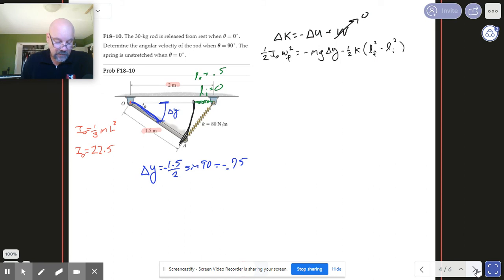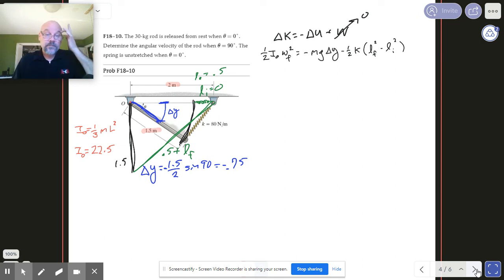So we need the point at which the rod is straight down is here. So that's 1.5. And what we need for our spring then is this length right here. So that whole length right there is the hypotenuse, is going to be equal to its resting length, which we know is 0.5, but it's 0.5 plus however much it has stretched.